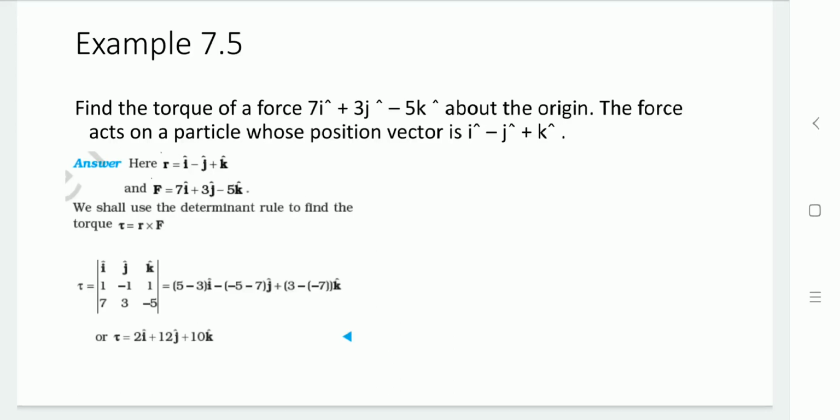So torque tau equal to r cross F. So i j k, rx ry rz and Fx Fy Fz. Likewise, let us substitute the values in a matrix and solve the matrix. So we will get tau equal to 2i plus 12j plus 10k.